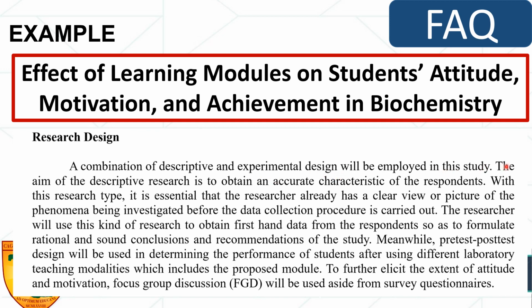So you will see in the next few sentences, it justifies why descriptive research is used and why experimental research is used. And finally, the data gathering technique that is used for this research. So you will see here to further elicit the extent of attitude and motivation, focus group discussions will be used aside from survey questionnaires.